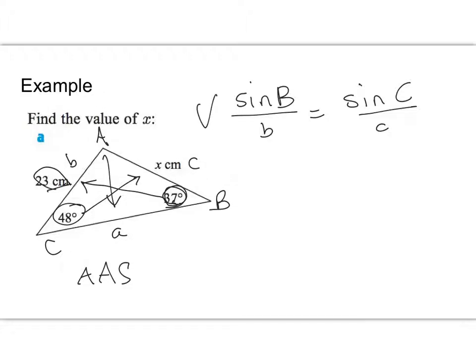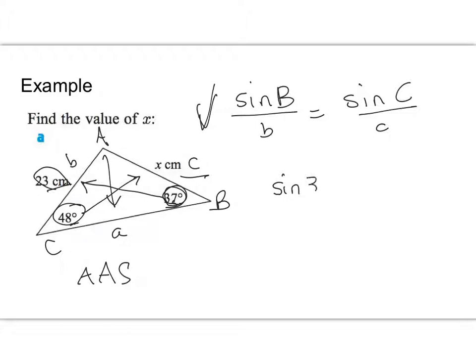That's why I need angle, angle, side, or side, side, angle. I have to have one complete ratio here in order for the formula to work. I'm looking for side C, so I need to use angle C to find side C. Now I'm going to go ahead and fill in the values I have.